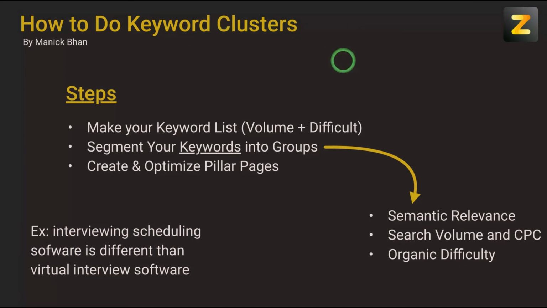And remember, search volume and CPC are important, and you also need to remember the difficulty of the keyword. If it's too difficult and your website is new and doesn't have the authority, that's the magic.